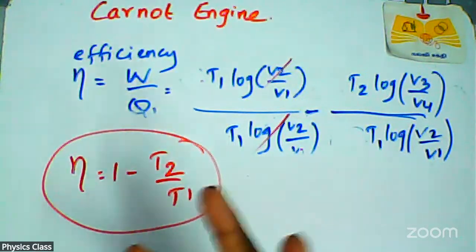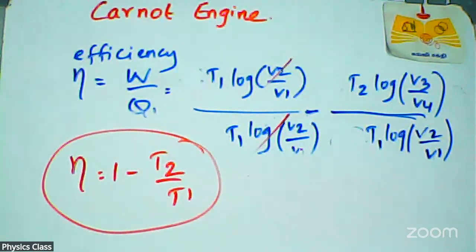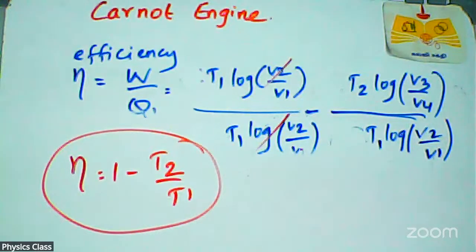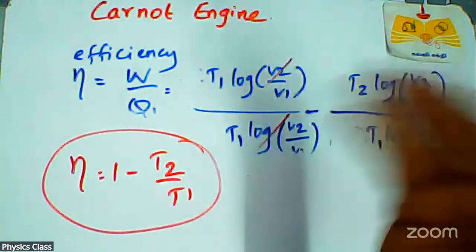It is an idealized engine that converts thermal energy into mechanical work with maximum efficiency. Note that point, with maximum efficiency, because other heat engines don't have much efficiency. They have some drawbacks. So the Carnot engine is a reversible engine, meaning it can operate in both forward and reverse directions.